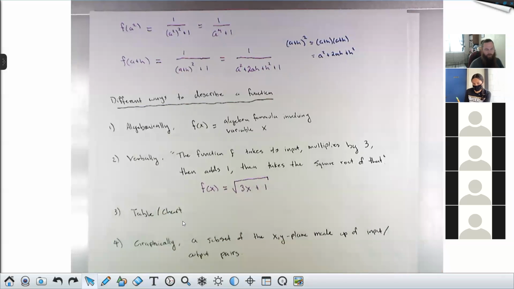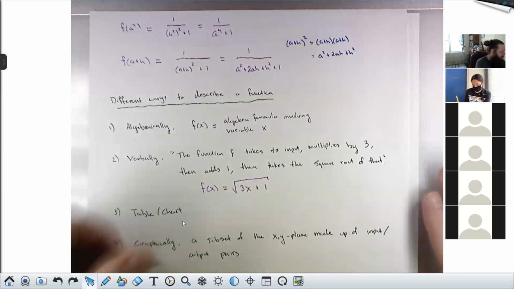All right, and you've seen this, like the parabola that you get when you graph y equals x squared. That is a total description of that function.